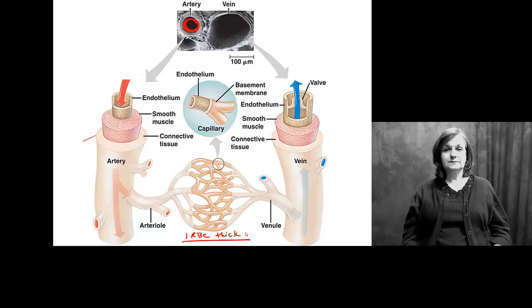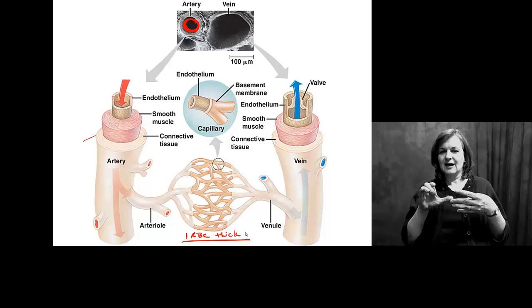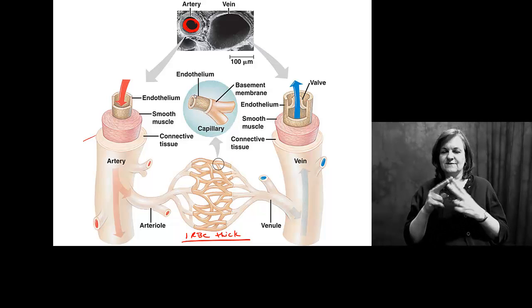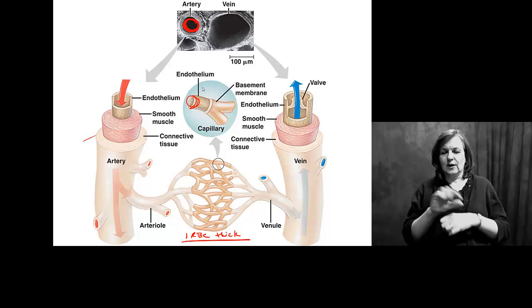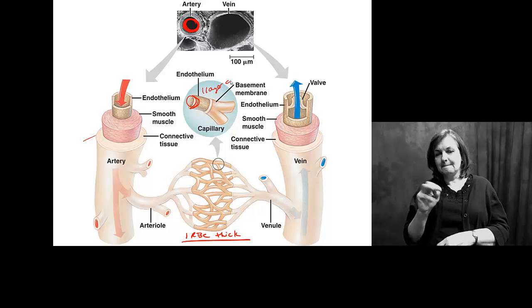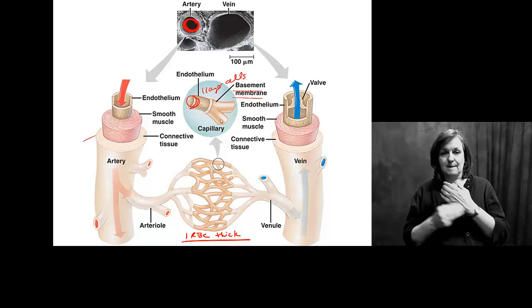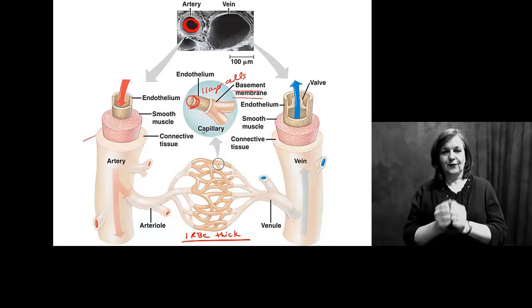And you notice that they don't have muscle. They don't have all of this extra tissue. They are very thin. They are 1 layer of endothelium, 1 layer of cells. And they have something called a basement membrane, which is basically just connective tissue to hold the cells in place.